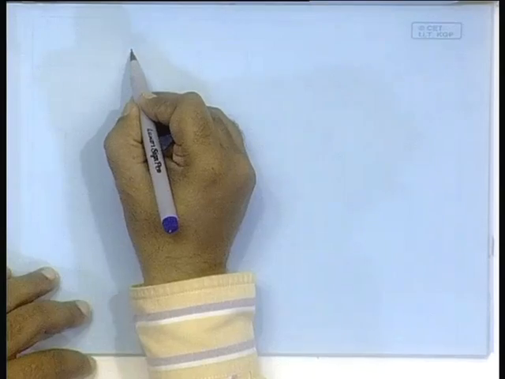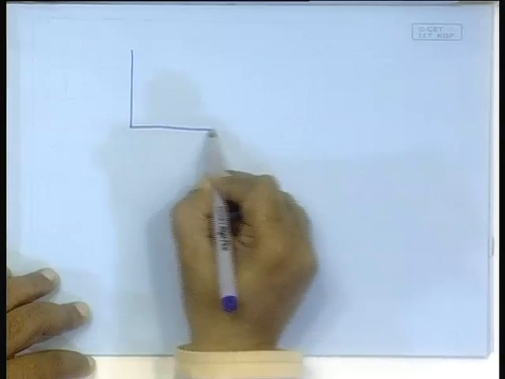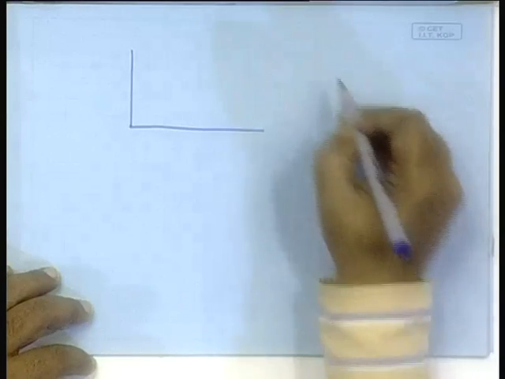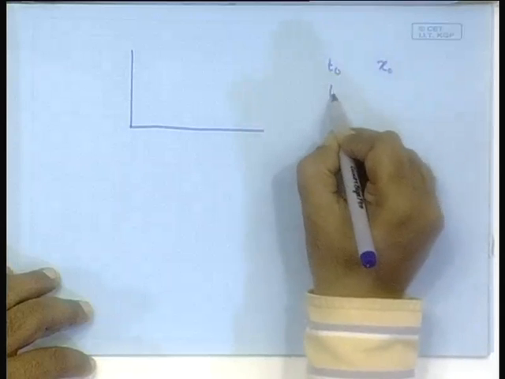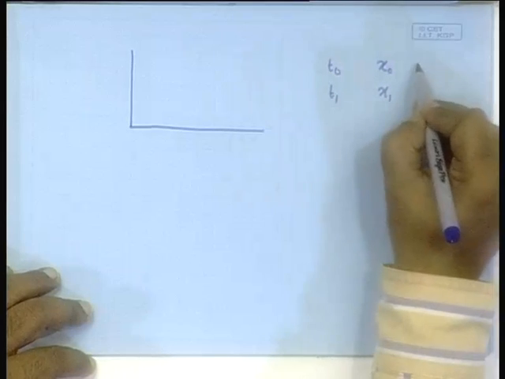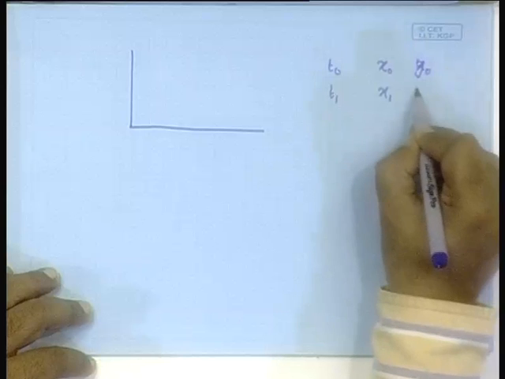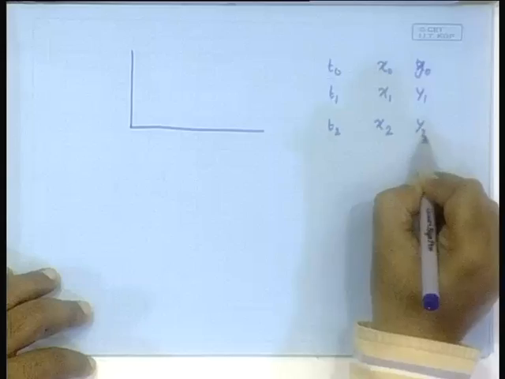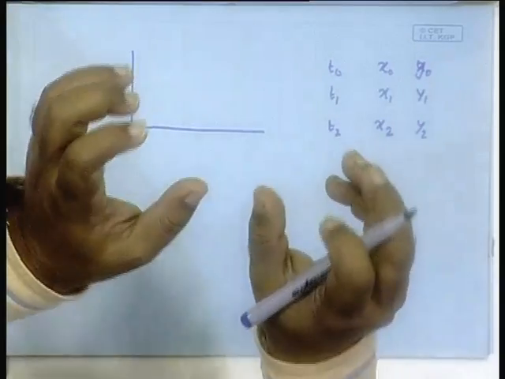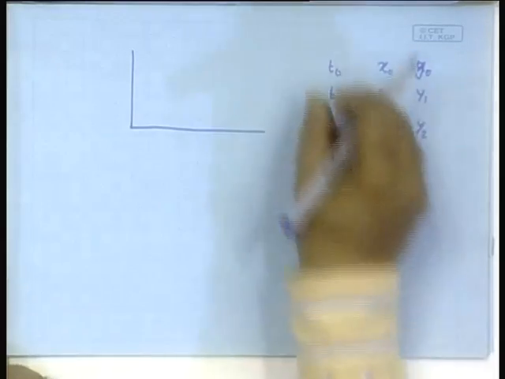The result of all this is that if you write down the solution programs and start with some initial condition, then you would be able to get a result file that will be the T naught and the x naught, y naught, T 1, x 1, y 1, T 2, x 2, y 2, and so on and so forth. 3 columns, if it is a 2-dimensional system, you get 3 columns.